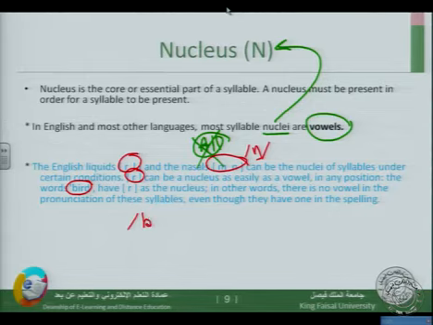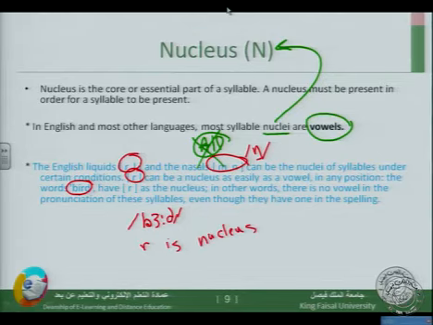لاحظوا هذه الكلمة, bird. So R is the nucleus.